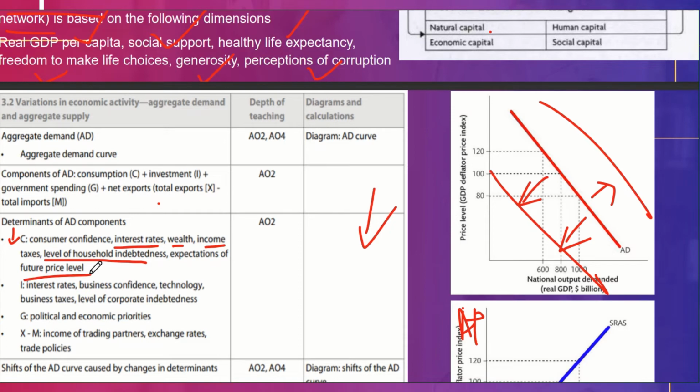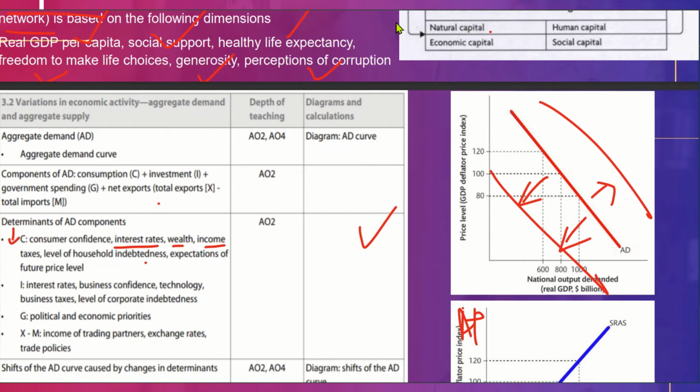If consumers think the future price level will increase, consumption will increase now, and aggregate demand will increase now itself. And if people expect the future price level to fall, then consumption will fall now, and aggregate demand and real GDP both will fall later. Okay, so these are the things.